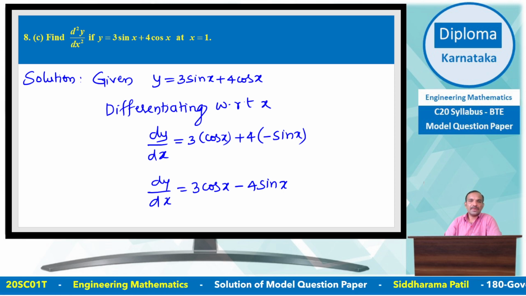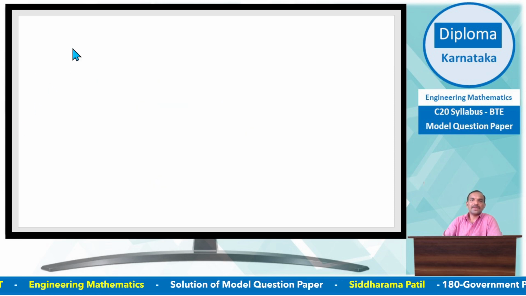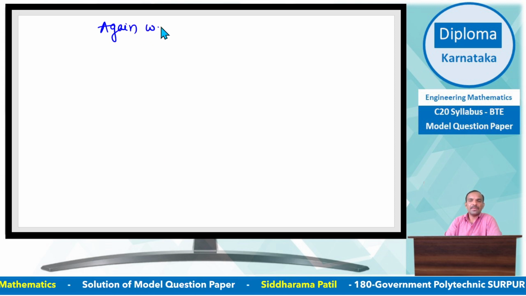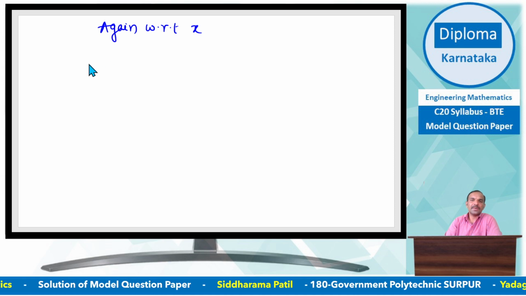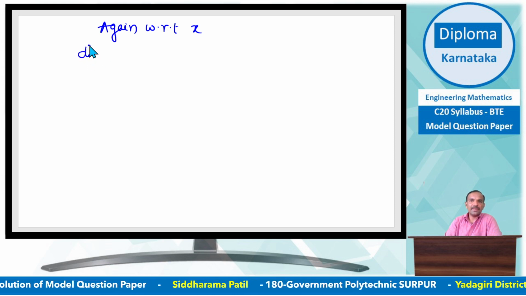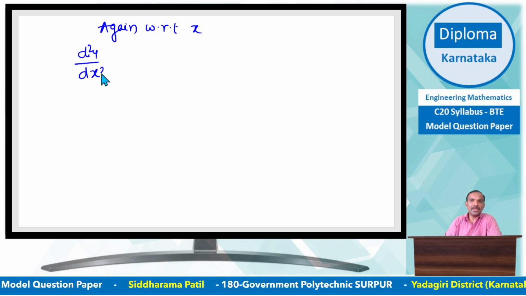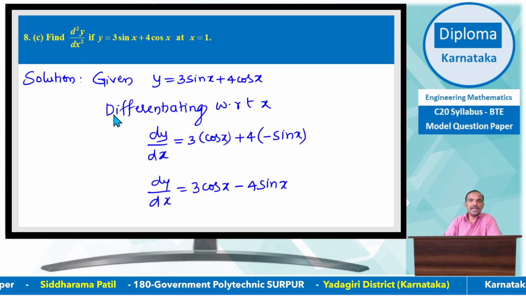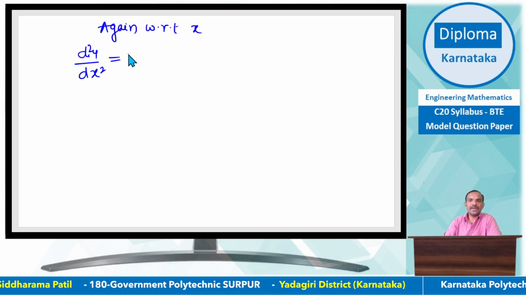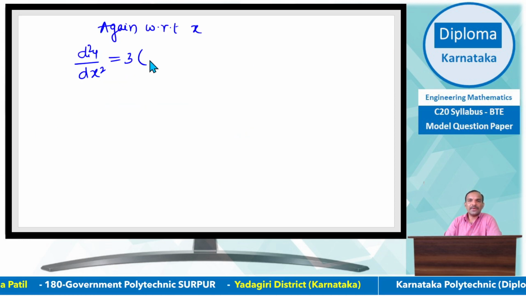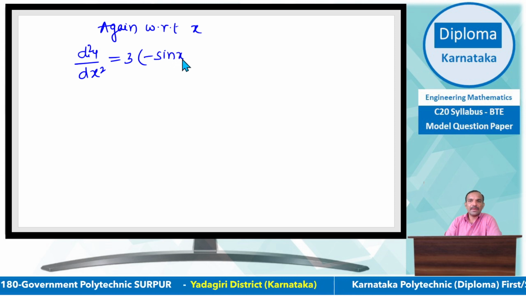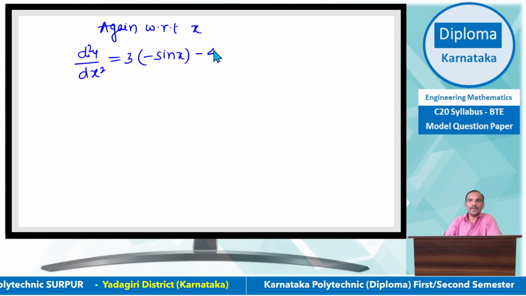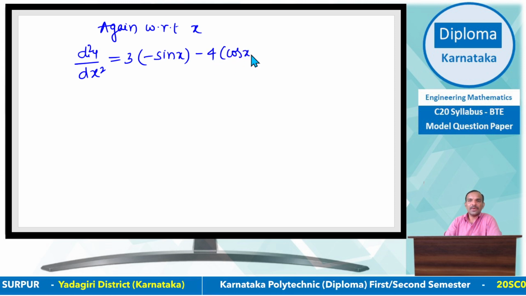Again differentiating with respect to x, d square y by dx square, that is the second order derivative. 3 as it is, cos x derivative is minus sin x, minus 4, sin x derivative is cos x.